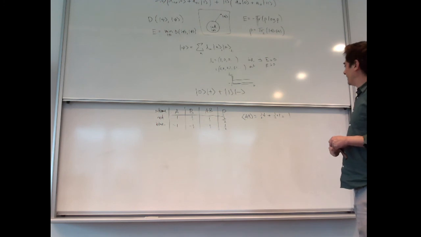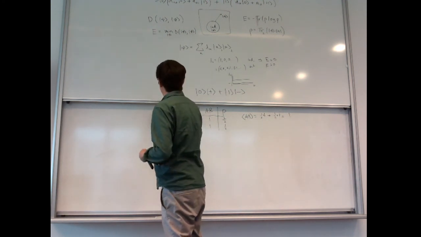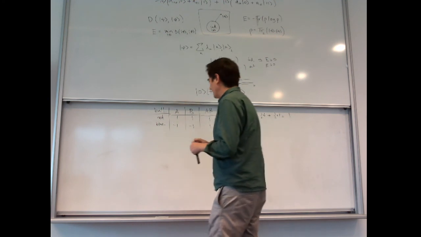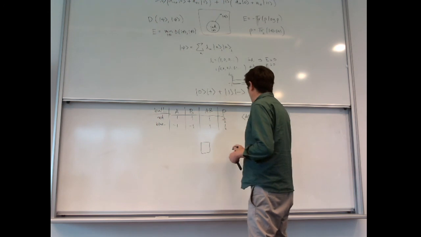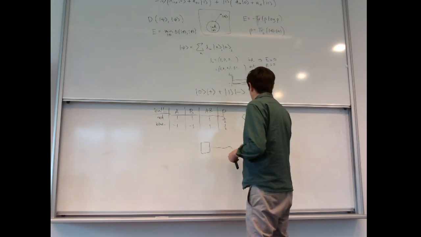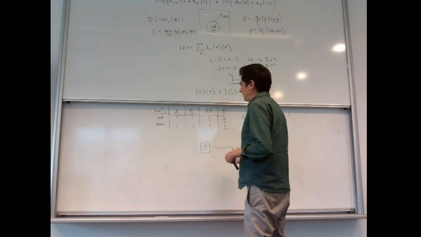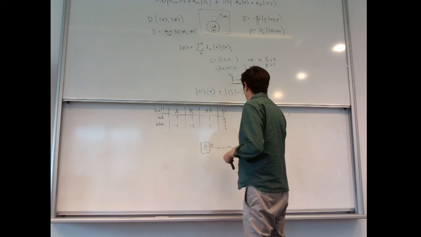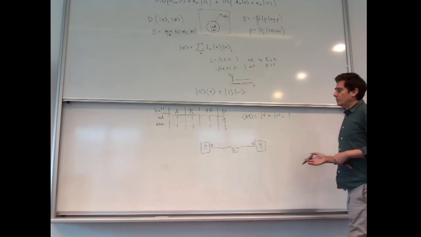Average value of AB. Remember, we've got 2 boxes and some source, and here is Alice and Bob, and it's sending out some ball, say red.